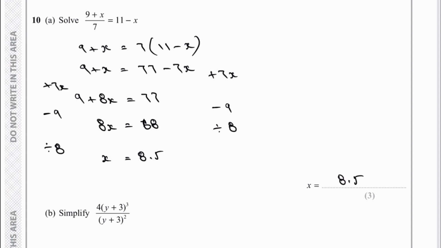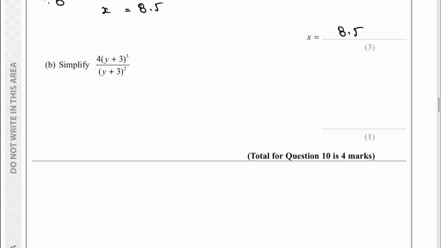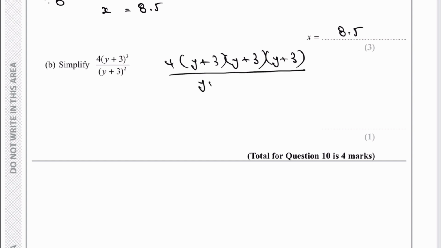Okay, and then very finally here, let's move on to part B of this. This isn't too bad really, it just looks a little bit awkward when you look at it, but if we multiply all of this out, I'm going to get y plus 3 times, or expand it out really, 3 times y plus 3, and that's all divided then by y plus 3 squared, so it's y plus 3 times y plus 3, and then really I can just simplify this through.